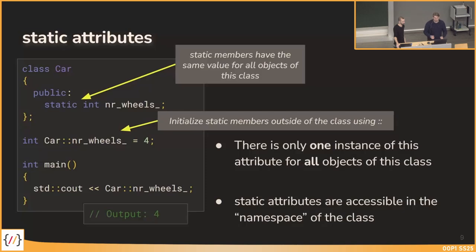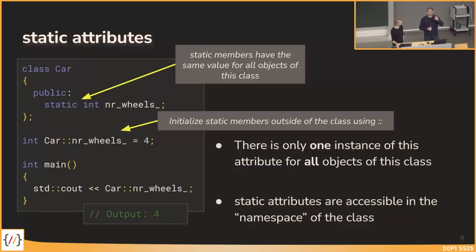To now use this static member variable, we can just access it by the class name and, again, the scope resolution operator here. What is important about static attributes or static member variables is that there is only one instance of this attribute. If we remember, pets have a different type, so we have cats, we have dogs, we have goats, whatever.